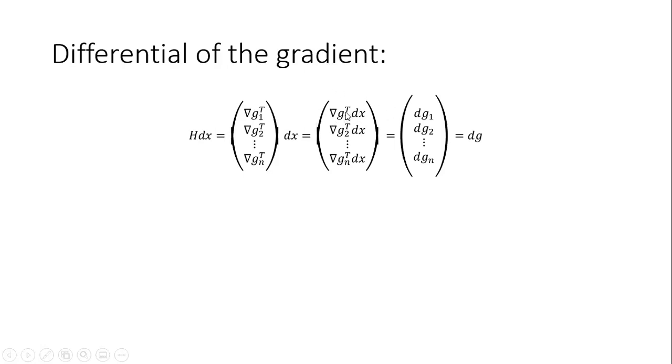For example, the first element of this vector is the gradient of G1 transpose dx, and so on until the last element. Each element of the vector is actually a differential of an element of the gradient G: dg1, dg2, and the last element is dgn. So we get that this vector, H dx, equals the differential of the gradient G.